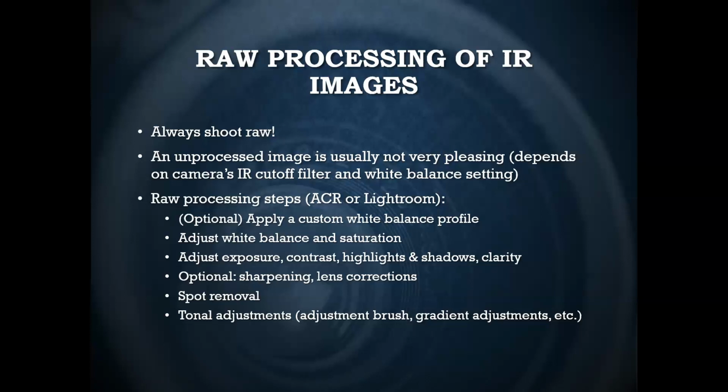You can also do a DNG profile of your own camera. The profiles are specific to your camera model, so if you have two different infrared cameras, you'll have to do two different profiles. But they're worth doing because they give you more flexibility in your raw processing. Other than that, I don't think I'm going to talk about any of these details here because they're all pretty routine.